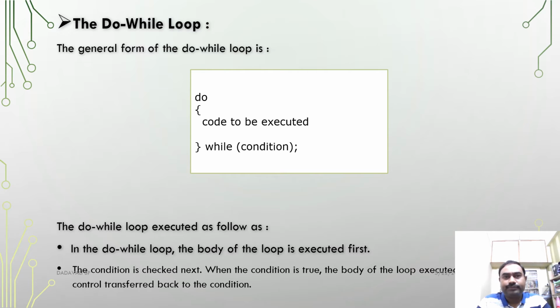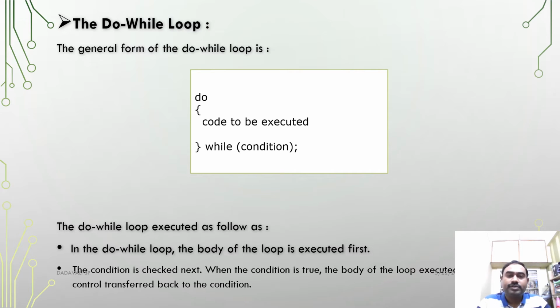The do while loop is also called post-testing, because it first enters the loop and executes the statements, then finally checks the condition. If the condition is satisfied, it enters the loop again.